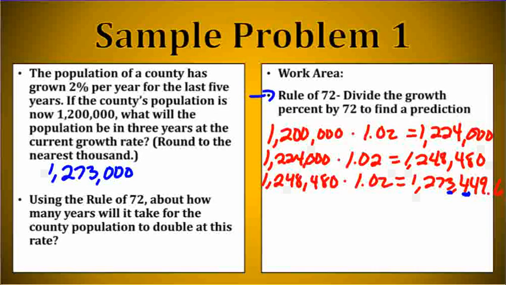So we take our 72 and we divide it by the percent growth, which is 2%. So we divide that by 2, and that will give us 36. So it would take about 36 years for it to double in population.